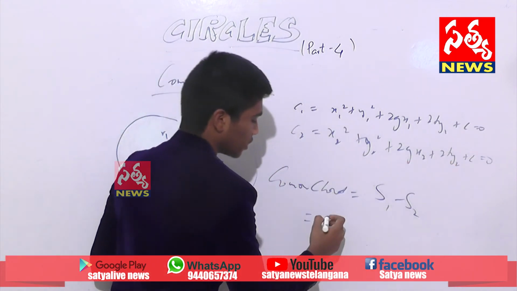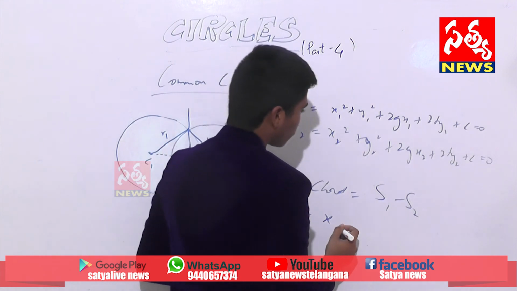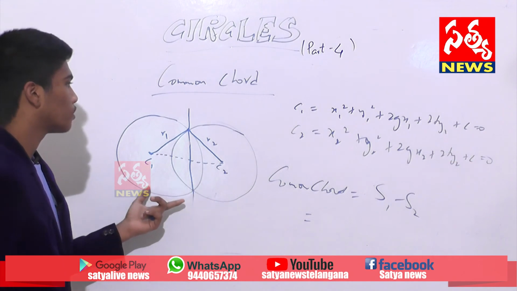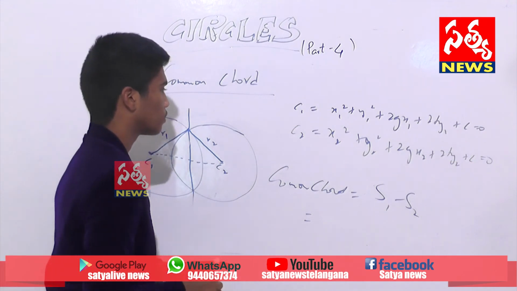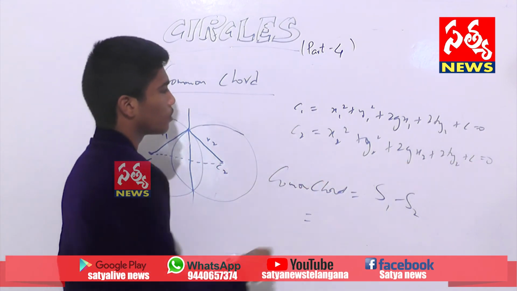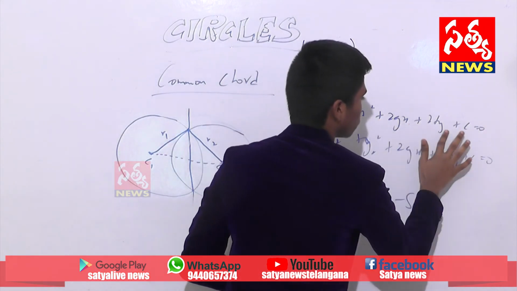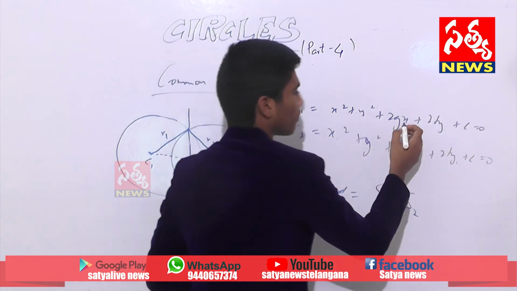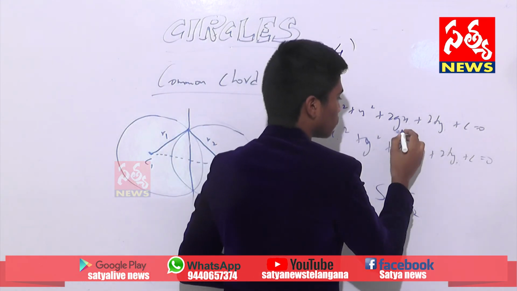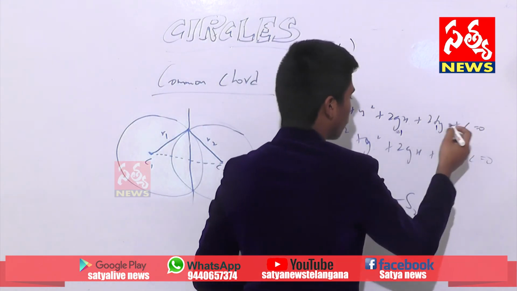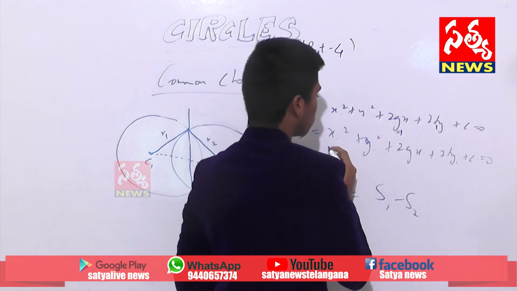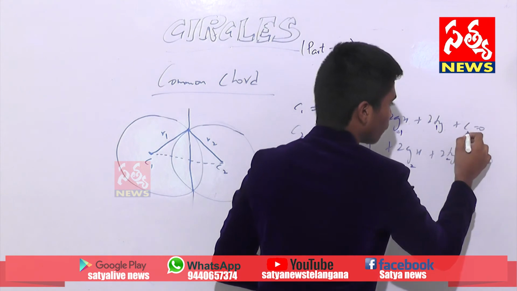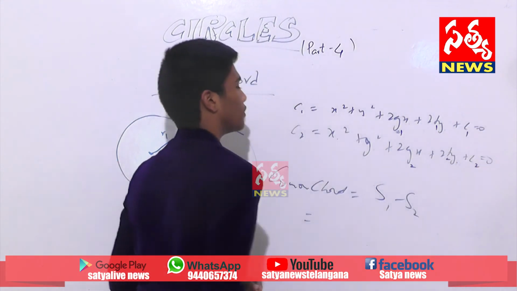Now simply subtracting these two, we get the equation.